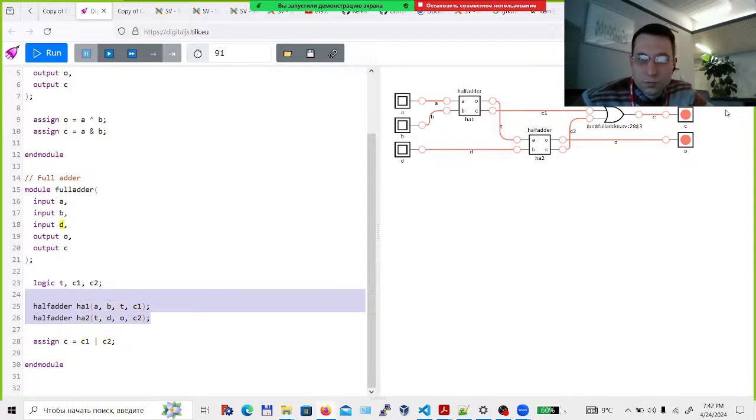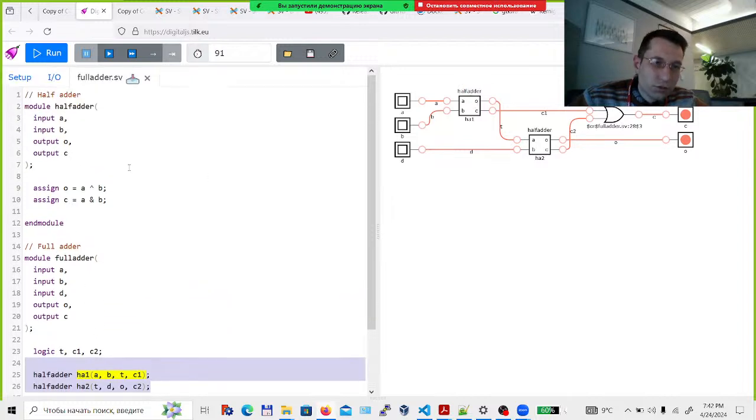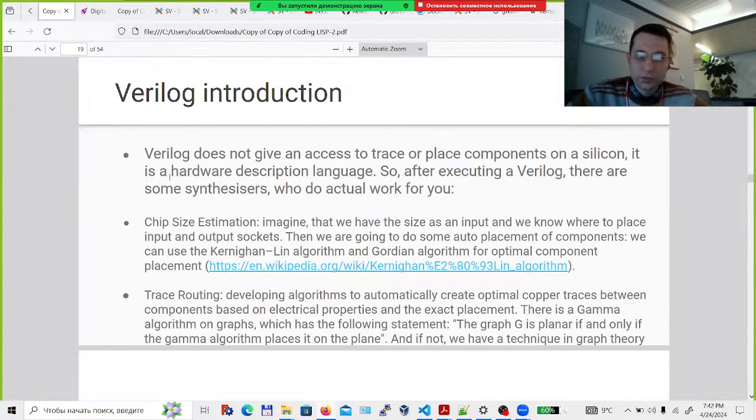So this is done automatically, and the user does not have access to design small parts of this inside Verilog. But you can plug in your components using some kind of logic and dot notation. We will discuss this later.